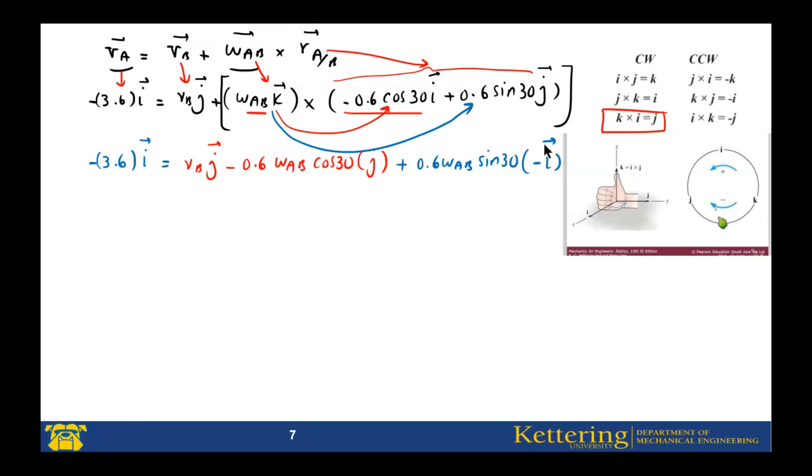I will equate the i components, the blue ones, and the j components. How? Minus 3.6. Look, we have one i on each side. Minus 3.6 equals to 0.6.